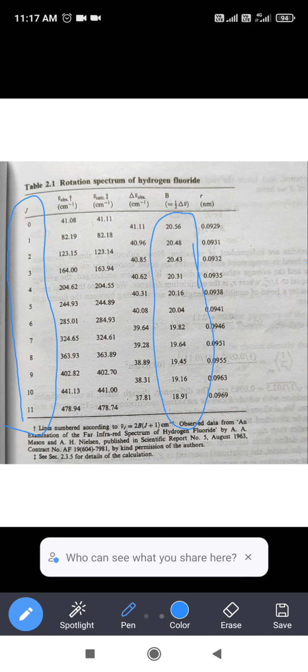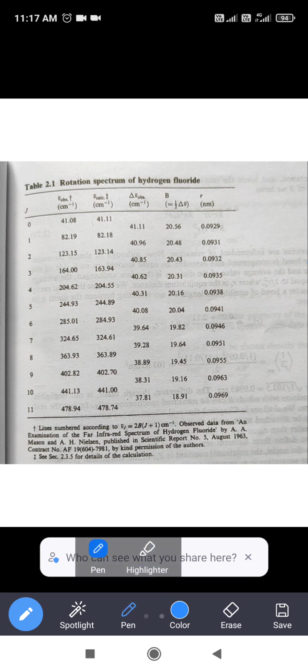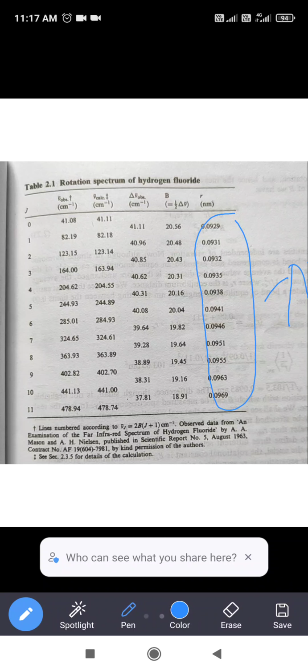B decreasing means I is increasing, the moment of inertia is increasing. So I increasing, R is also increasing. R is increasing while the rotational constant is decreasing.